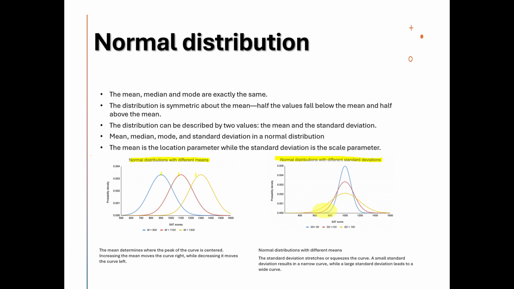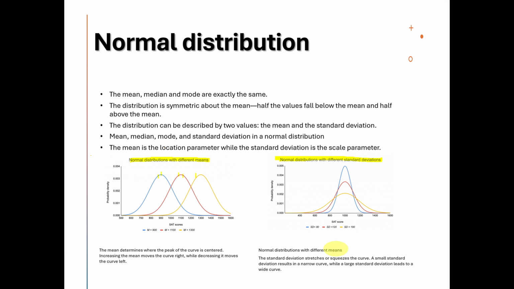That's how you differentiate. If all three of them are the same, it will lie exactly like this. The mean value is changing, so it's just changing the position on the x-axis. The mean determines where the peak of the curve is centered. Increasing the mean moves the curve right, decreasing moves the curve left.